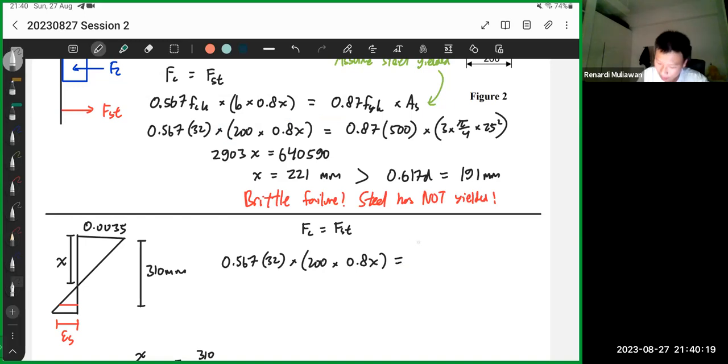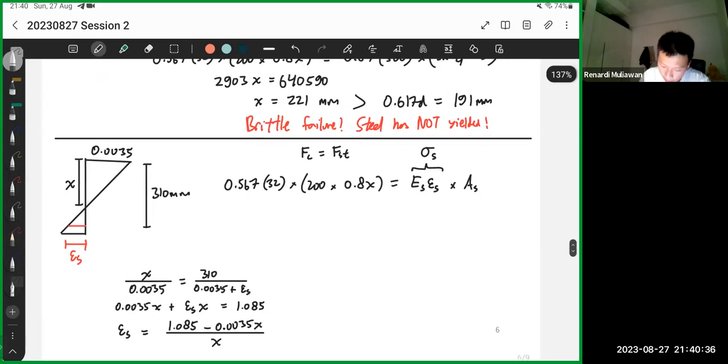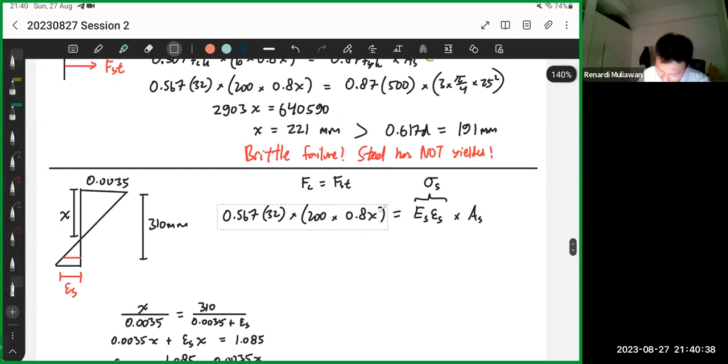Again, what's the stress? The stress is the Young's modulus of steel multiplied by the strain of steel. Then this stress is multiplied by the area, so it's still AS. Okay, I'll put this down so it's not confusing.